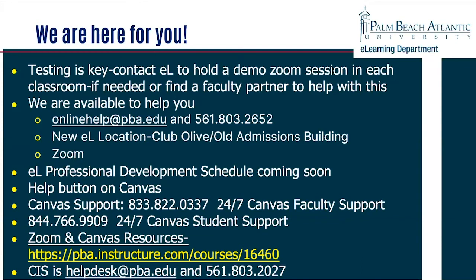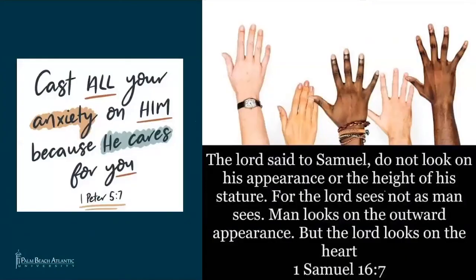If you type in that 16460 and hit enter, you will go to our faculty resource area, and that is a great place to find more information about Canvas and Zoom and really teaching remotely. Your CIS team is ready to help you as well with any classroom technology or other technology needs. So again, helpdesk@pba.edu, and you know their phone number probably by heart, but you can certainly reach them there as well, and they would be happy to help you.